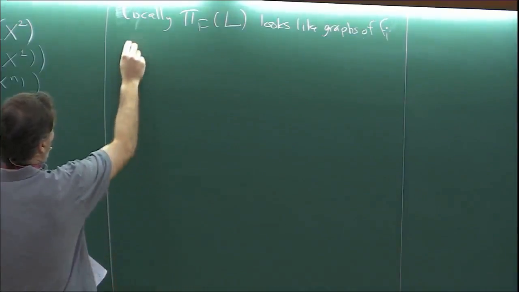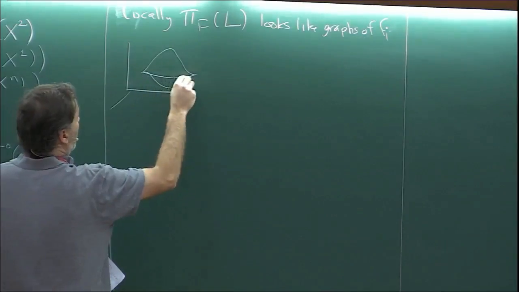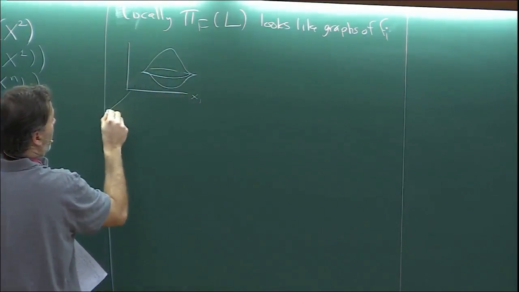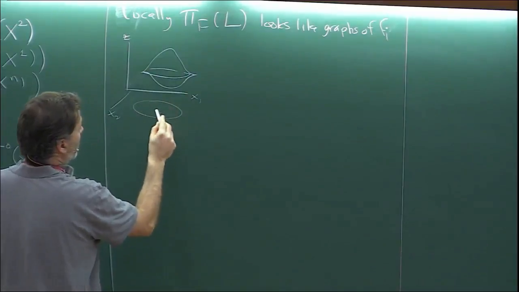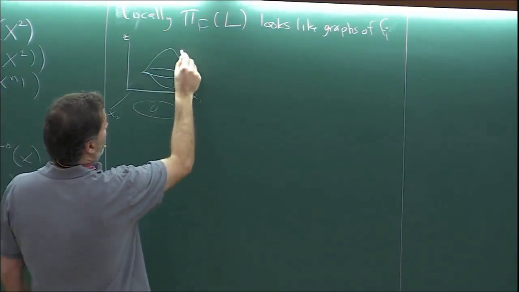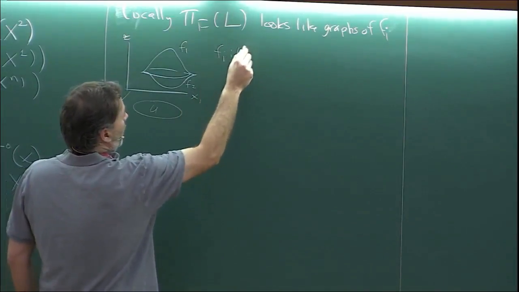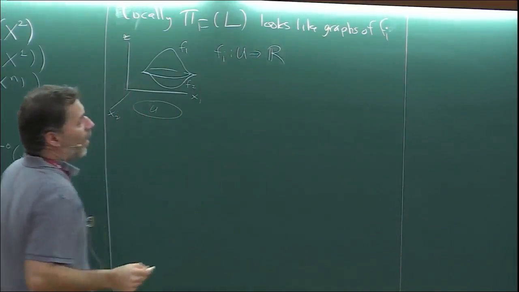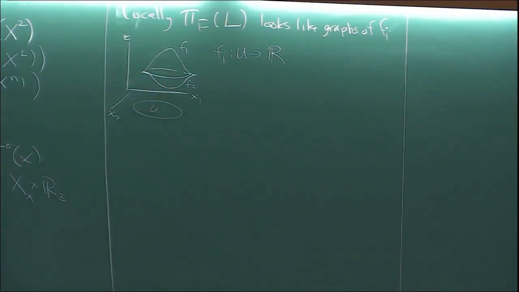The traditional picture that I've been drawing is the unknot. Here's x and here's z, and we have this region U, and we have f_1 and f_2 only defined over U, and the graph of f_1 and the graph of f_2 give you this thing.